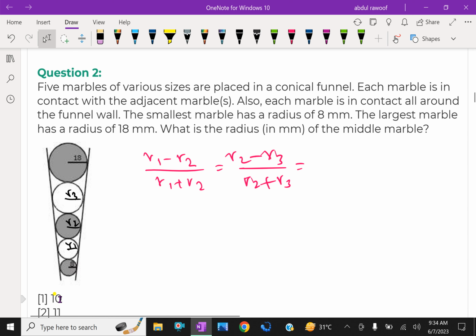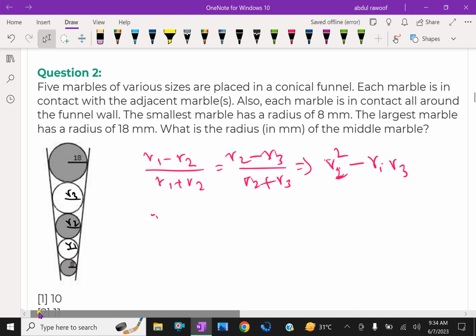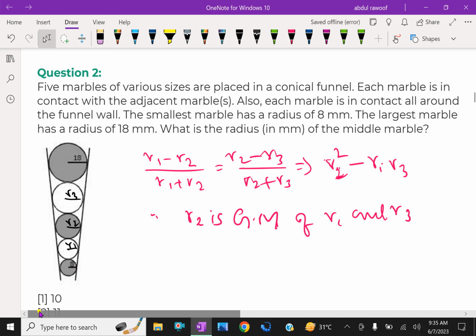Which gives R2 square is R1 into R3, hence R2 is the geometric mean of R1 and R3.